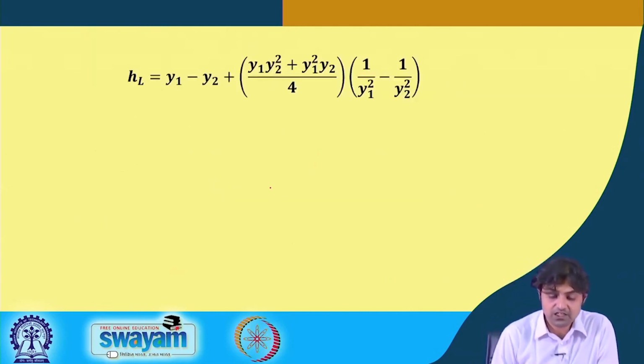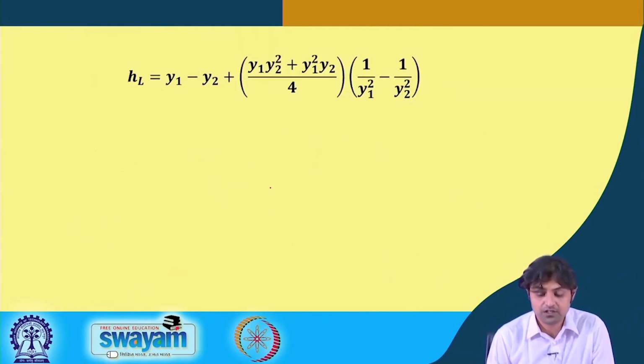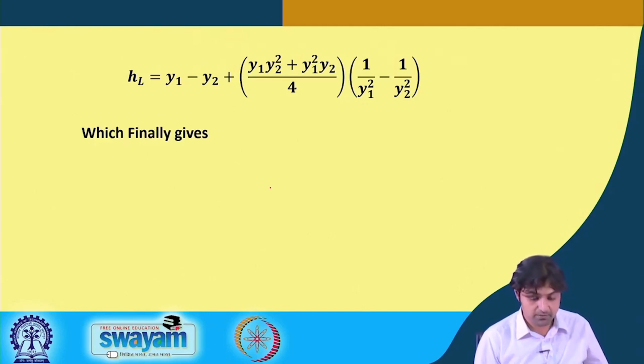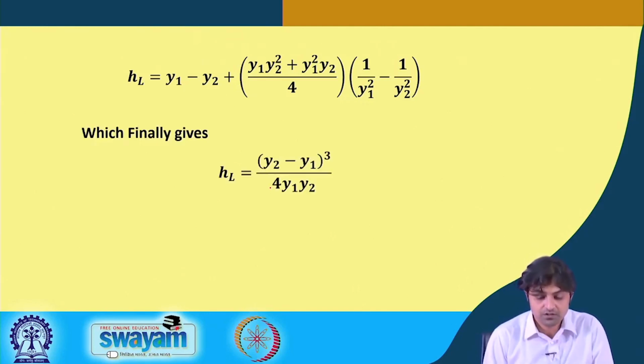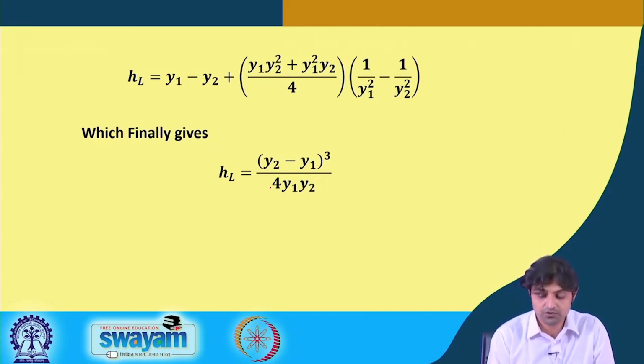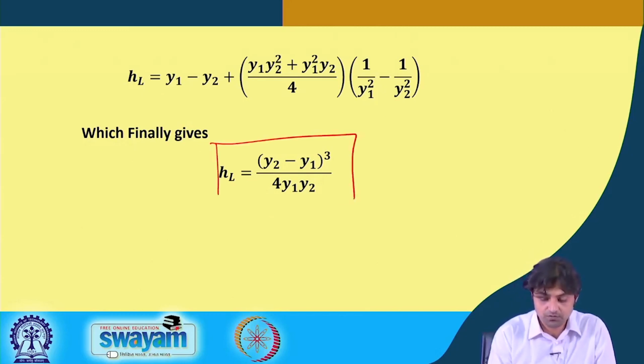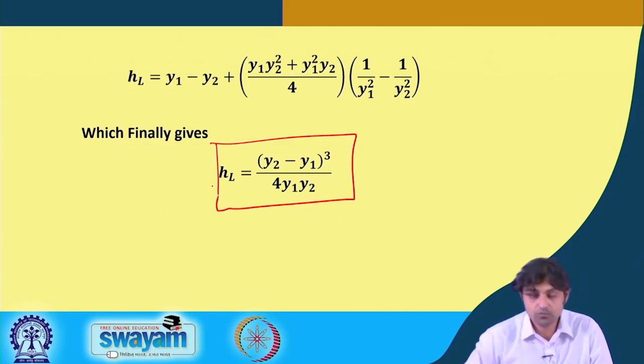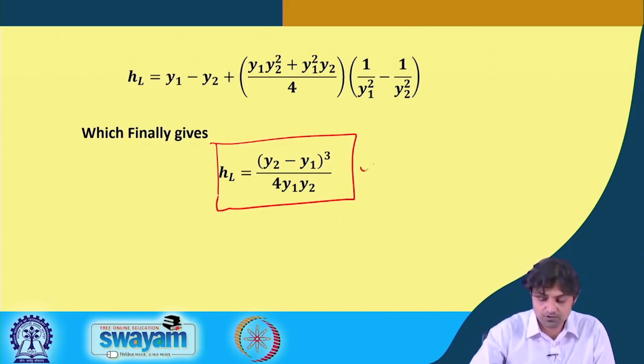So, we get HL is equal to y1 minus y2 plus y1 into y2 square plus y1 square y2 by 4 multiplied by, which will finally give, if you solve this, HL is equal to y2 minus y1 whole cube divided by 4 y1 y2.